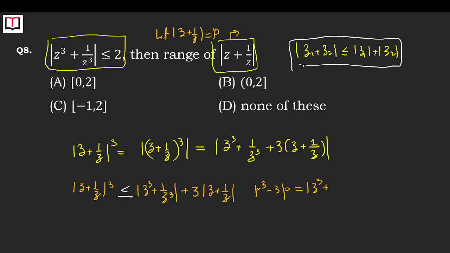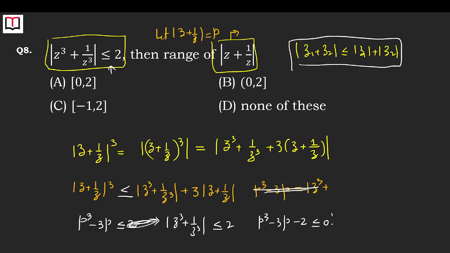So p cube minus 3p is less than or equal to 2. Mod of this, and since this is less than or equal to 2, so this is actually less than or equal to mod of z cube plus 1 by z cube, and this is less than or equal to 2. So p cube minus 3p minus 2 is less than or equal to 0.